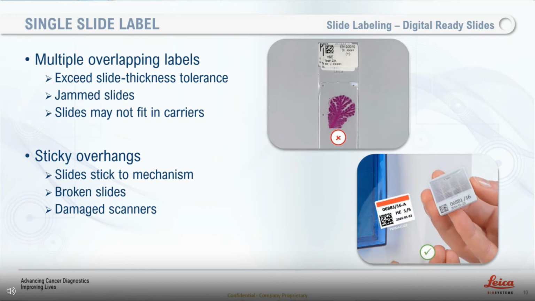When it actually comes to the slide labeling, there are some best practices to consider with this, things to do and things to avoid. So if you have multiple overlapping labels, you can run into some difficulties or come up against some challenges. The first is that you may exceed the slide thickness tolerance.